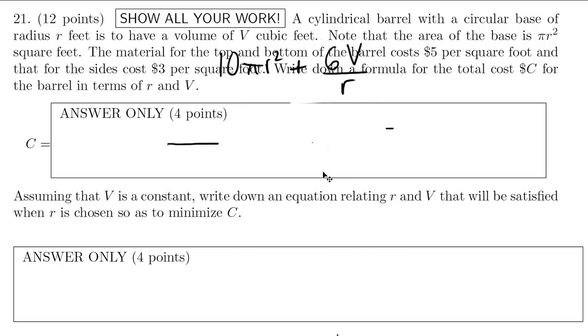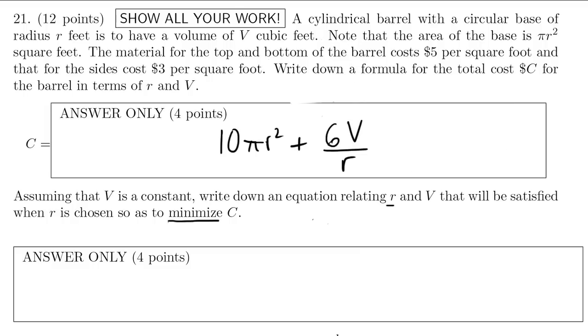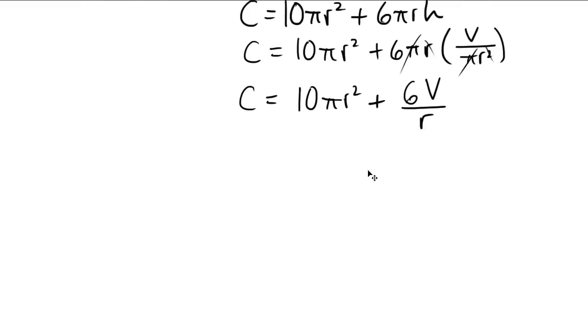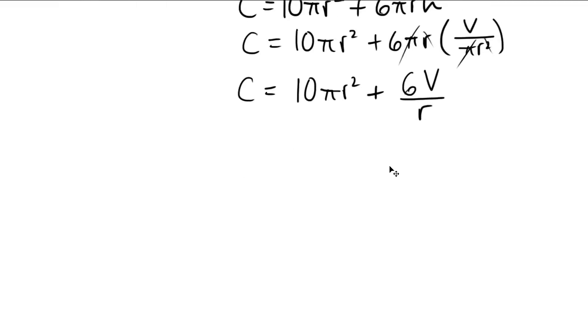Let's do that down here. So V is a constant, like we're told, so that means that this is really a function of r. So let me emphasize that by writing C of r.